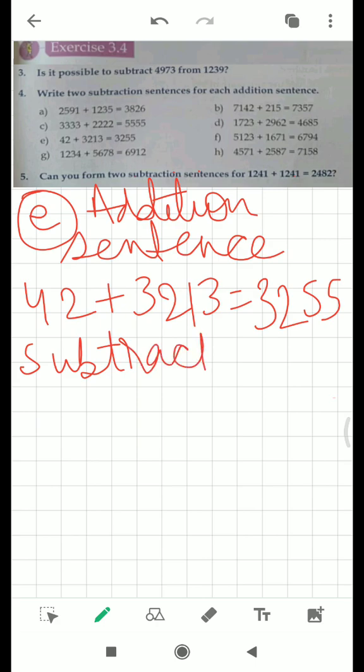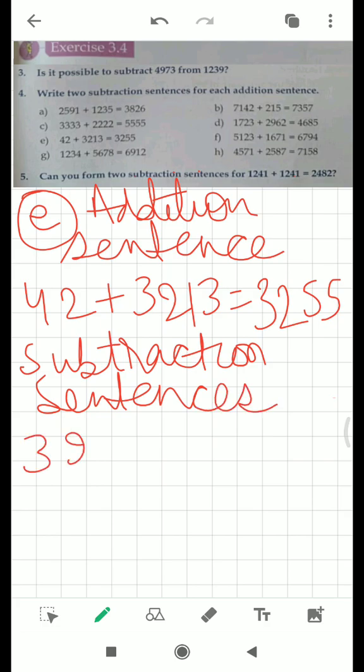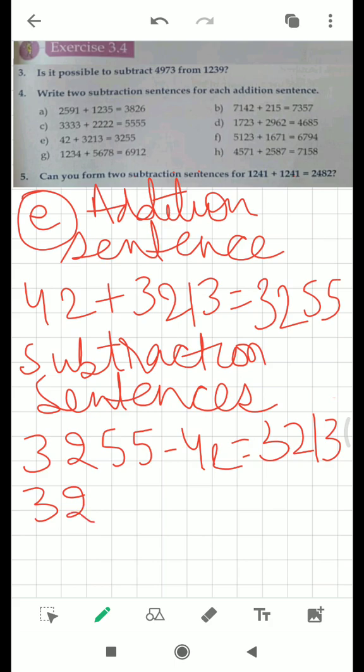Subtraction sentences: 3,255 minus 42 comes out to be 3,213. 3,255 minus 3,213 comes out to be 42.